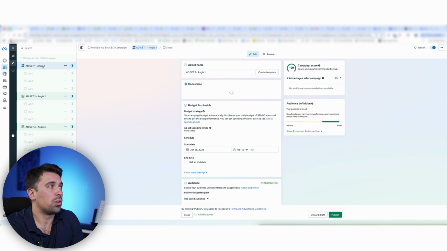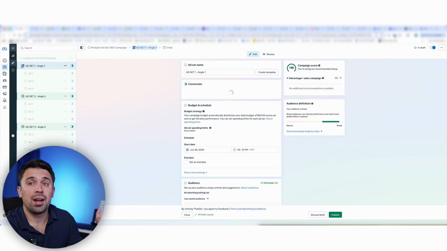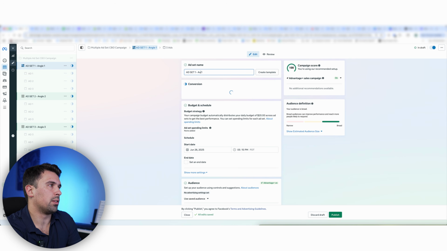So that's one way. The audience settings inside of here would be identical. We would not change that. If we were doing broad or interest, whatever, we would keep that consistent and then only change the ads. Or the alternative is instead of testing angles, you can maybe test audiences.